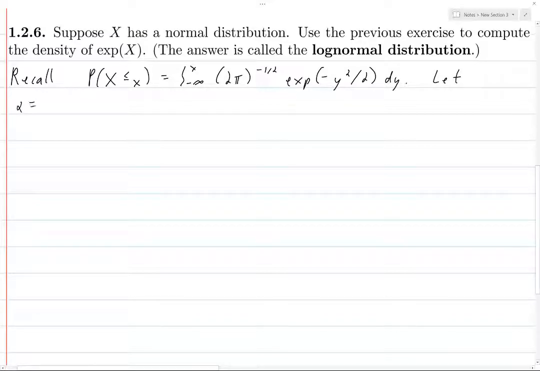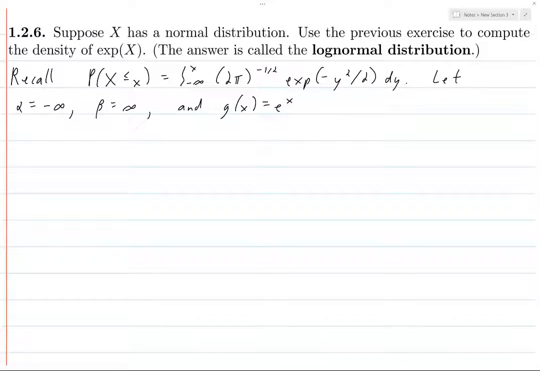So here we're going to define things that were used in the previous exercise. g of x is e to the x, because that's a function that we're sending our random variable through. We're computing the exponential of the random variable X, and so the exponential function is just given by g.